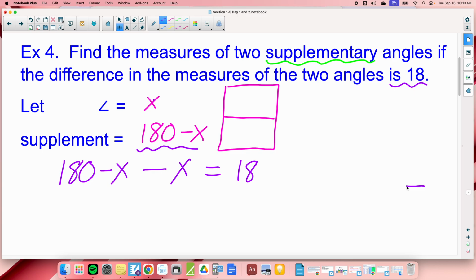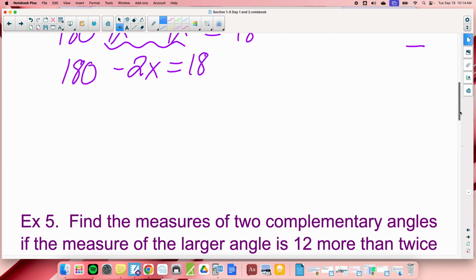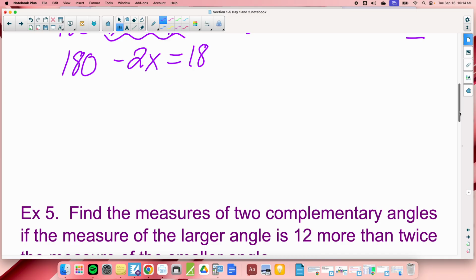This is the worst part. So this is going to be minus 1x, okay? Now, what is negative 1x minus 1x? Negative 2x. Equals 18, okay? Now what I would do, I have my x on one side, so I'm going to bring my numbers to the other side.